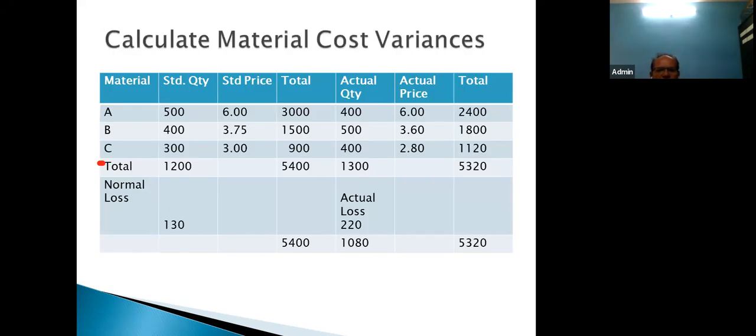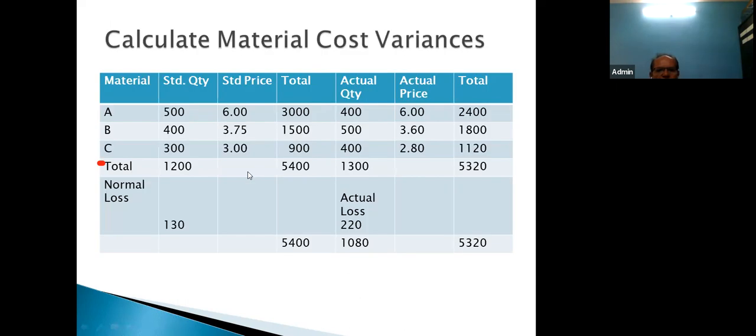Now similarly for C product, actual quantity 400, actual price 2.80, and standard price is 3 rupees. Again, the price is lesser than the standard price, because actually we have paid 2.80 and the standard price was 3.